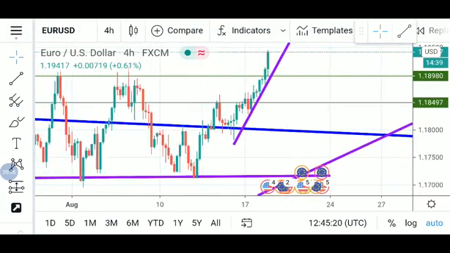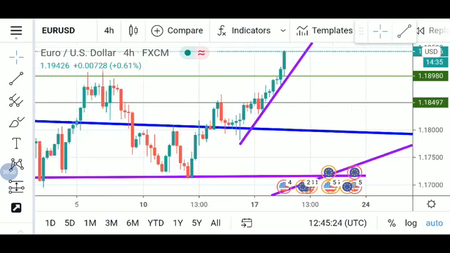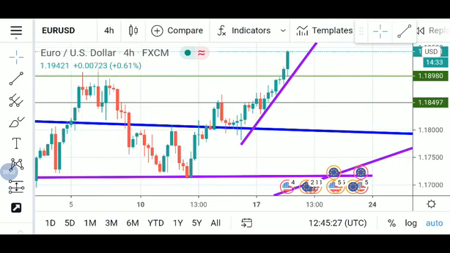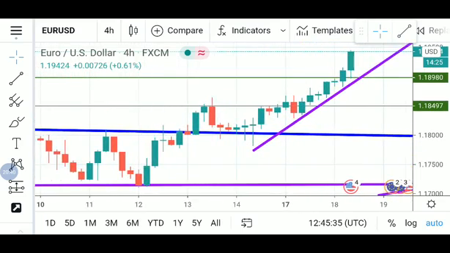But I'll definitely put my take profit. If we enter the trade right now, if we're scalping, I'm sure that we will make at least 5 pips, 10 pips. But that's not worth it. It's not worth my time.